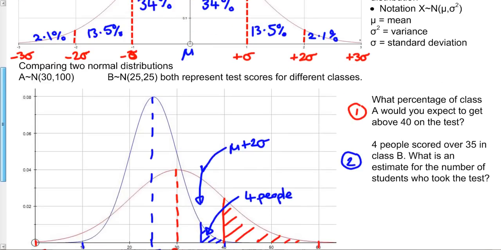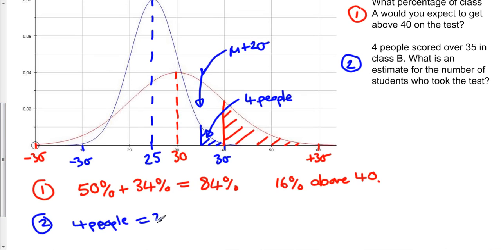That means we've got 2.2%. And if we just take a rough estimate, then approximately that means we would have expected around about 200 people to have taken the test. Now it's rather a large class, but hopefully it helps you understand how you can use the normal distribution.